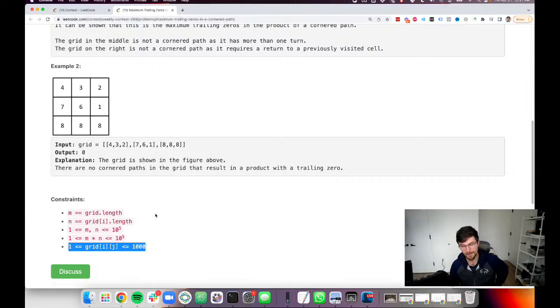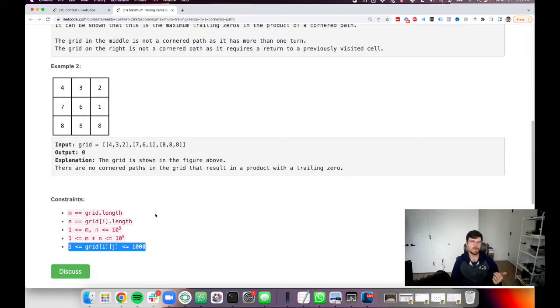To find all the cornered paths, we could do 2 groups, because a cornered path either goes across first or down first. So we find all the cornered paths that go across first and then down first, because we start in every cell and then go across however many and then down however many.